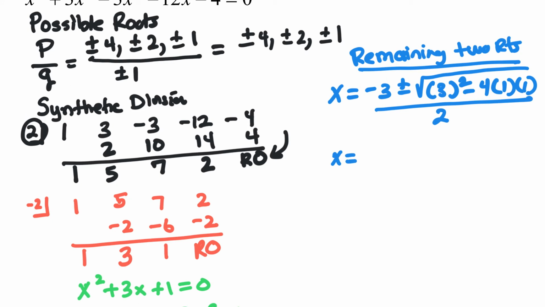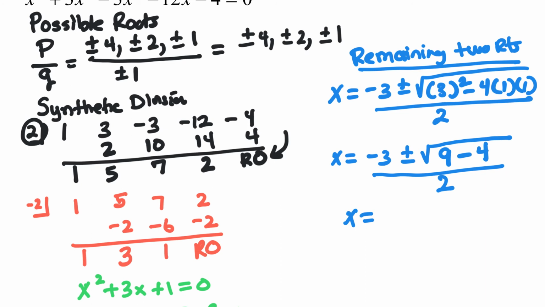So negative 3 plus or minus the square root of 9 minus 4, divided by 2. So x equals negative 3 plus or minus square root of 5 over 2.